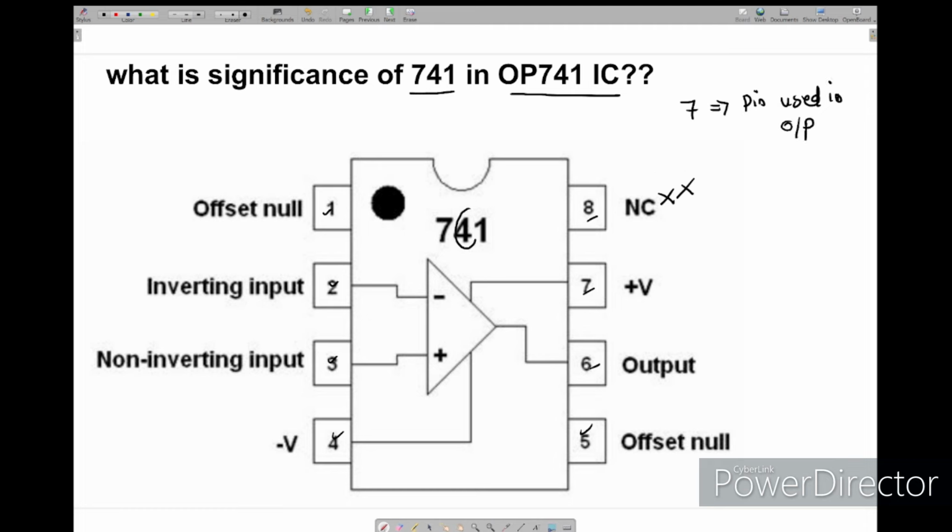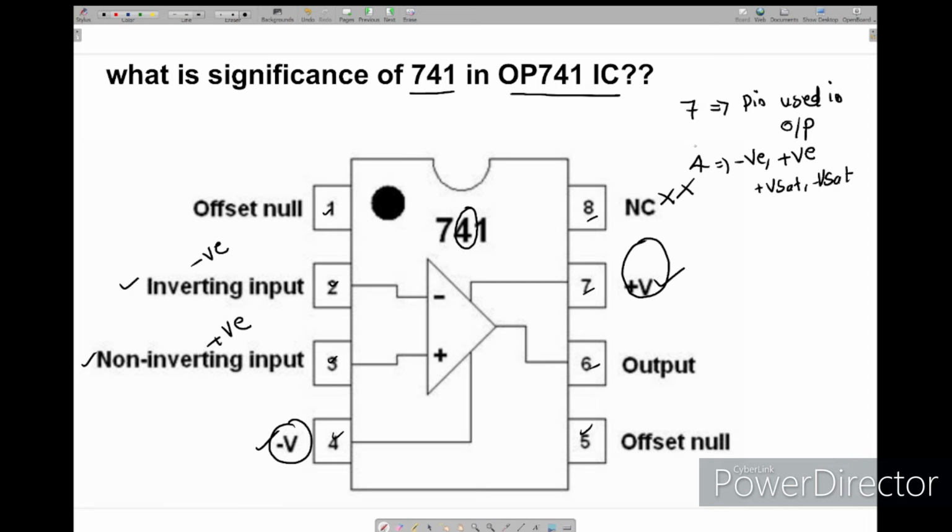Next, what is 4? The working signals: inverting, non-inverting, plus Vsat, minus Vsat. These are the inputs provided to the op amp. So that's why we have 4: the negative terminal, the non-inverting terminal, plus Vsat, minus Vsat.